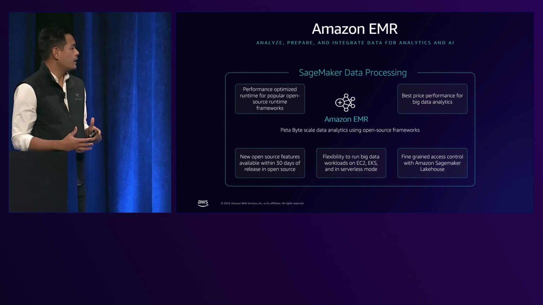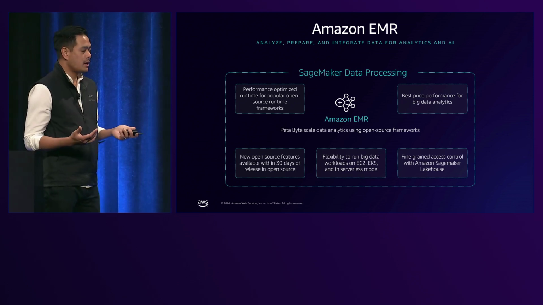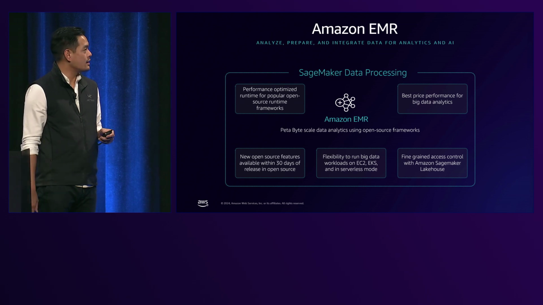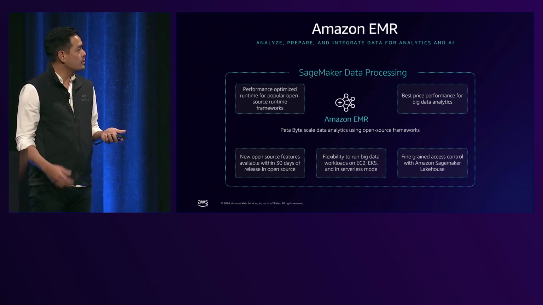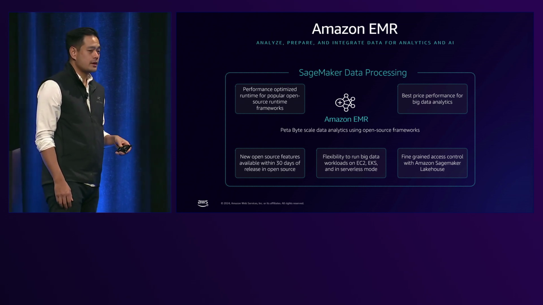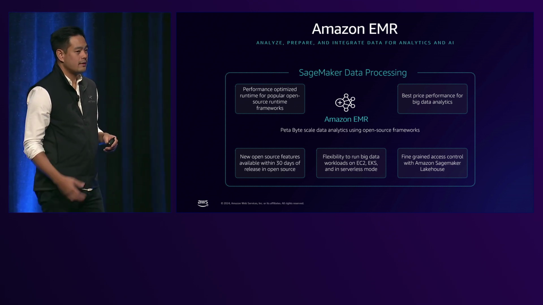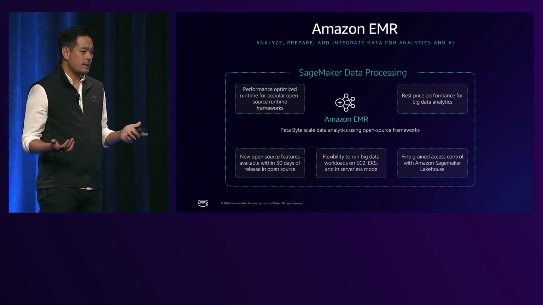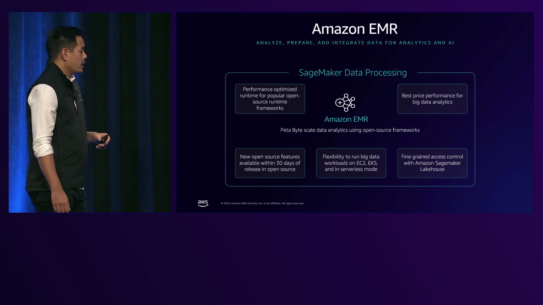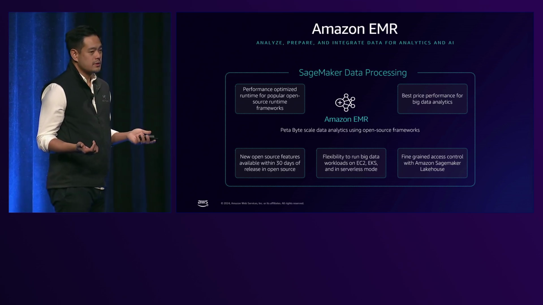A big part of our data processing and analytics services is Amazon EMR. Amazon EMR provides performance-optimized runtime for Apache Spark and Trino, which allows you to get the best price performance for all your big data and analytics. We also provide a lot of flexibility in terms of deployment options.